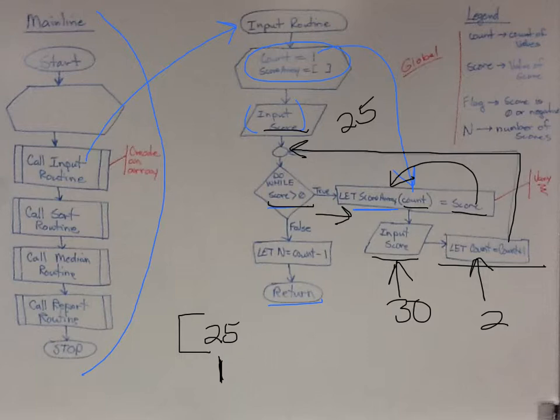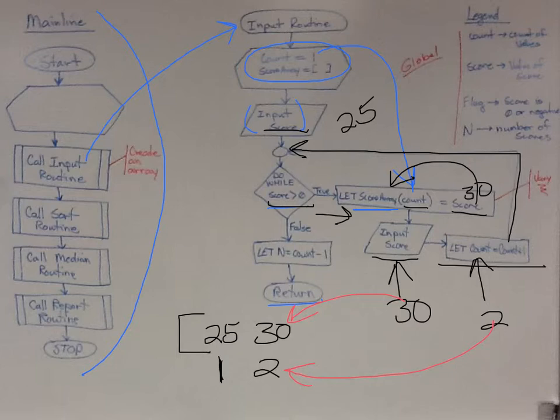So now 30, the new score, is going to be stored in this location. I gotta finish this. So 30 will be stored in this location. So now 30 is stored with subscript 2. There. And there. Alright?